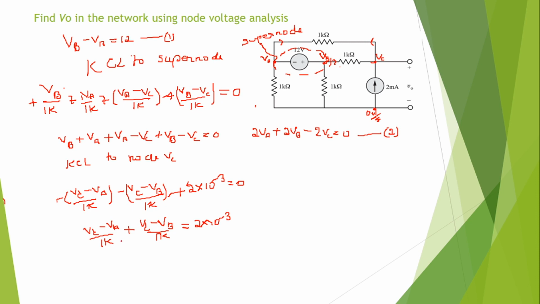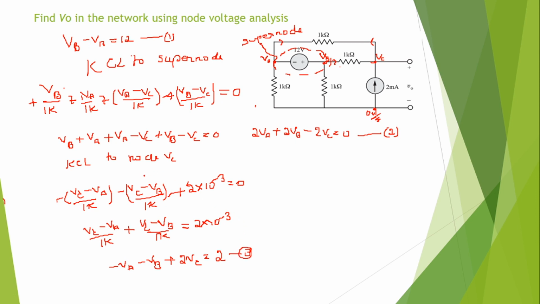Now 1K is common, so by cross multiplication I will get minus VA minus VB plus 2VC equal to 2. This is the third equation.